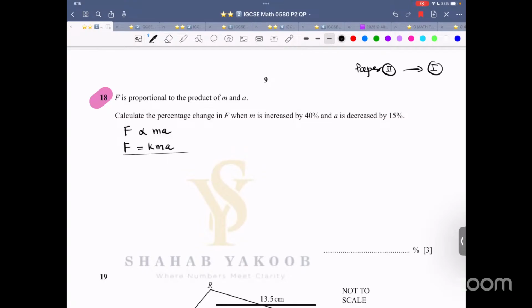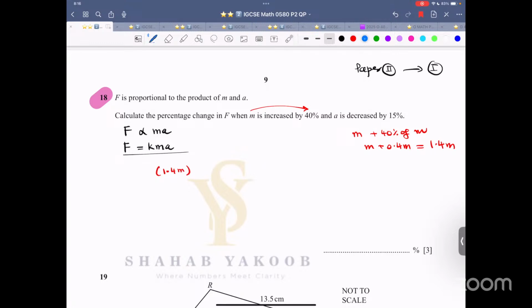Calculate the percentage change in F when M is increased by 40%. So M plus 40% of M, that is M plus 0.4M, which comes out to be 1.4M. So now the new M is 1.4M.